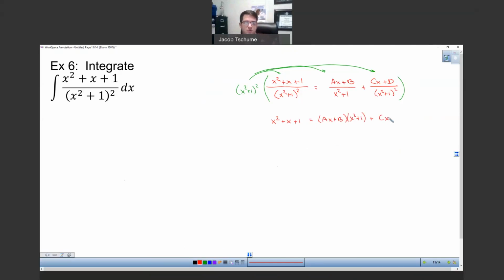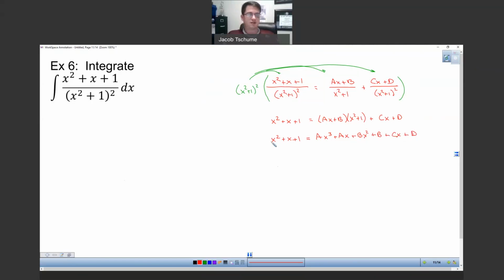And in the last term, you're just left with the cx plus d. Expand those first couple terms. So x squared plus x plus 1 is going to be ax cubed, all right, plus ax plus bx squared plus b plus cx plus d.